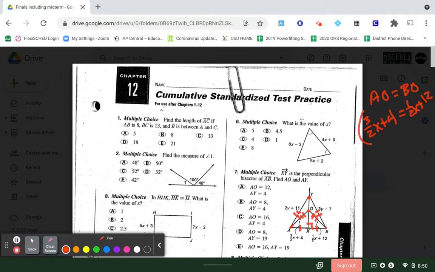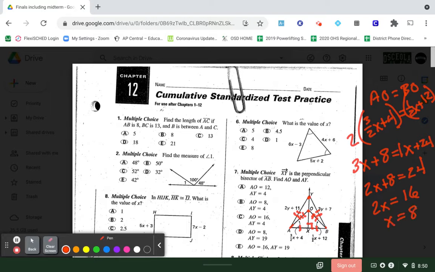And in fact, both sides by 2. Multiply this by 2. And now I have 3x plus 8 is equal to, I had to multiply this side by 2. 1/2 times 2 is 1. So 1x plus 24. So now if I subtract the x from both sides, I end up with 2x plus 8 equals 24. Now if I subtract the 8 over, 2x is equal to 16. So then divide by 2, x is equal to 8.